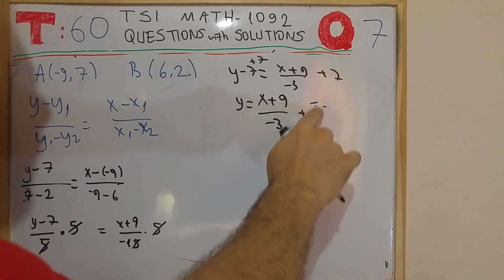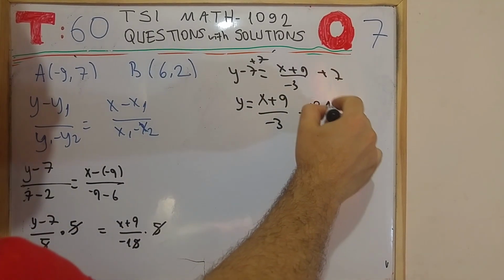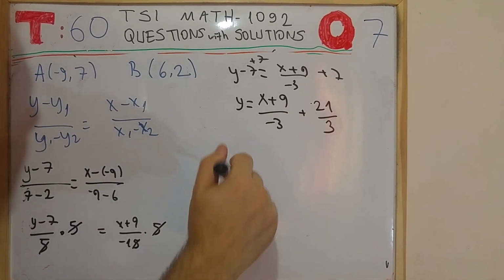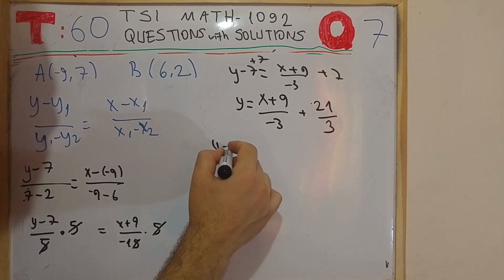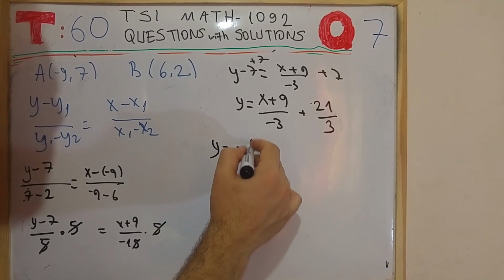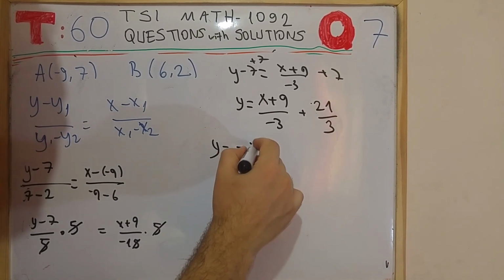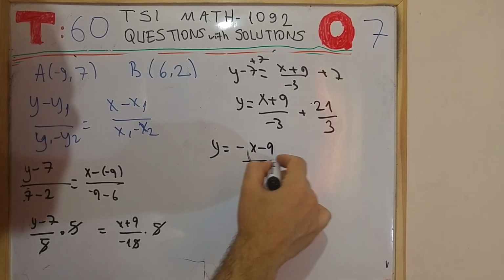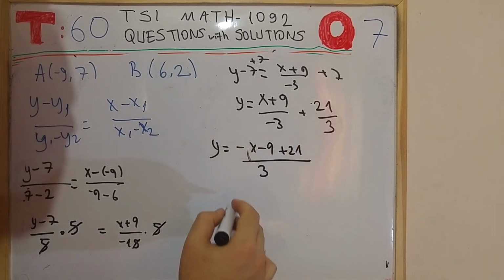And instead of this, I can write this as 21 over 3. And instead of this, I can take it into parentheses for the negativity. So I could have minus (x minus 9) over 3 plus 21.